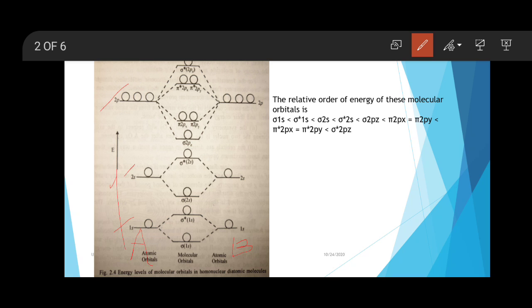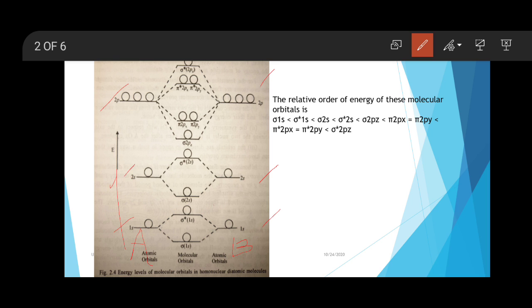What is degenerate? Degenerate means same energy. Orbitals having the same energy are said to show degeneracy. Similarly, for B atom, if it is of the same type, then the energy will be the same: this is the 1s orbital, this is the 2s orbital, and this is the 2p orbital.